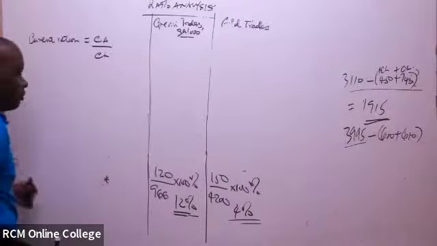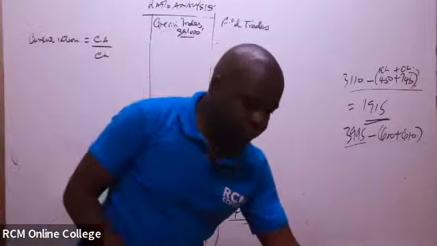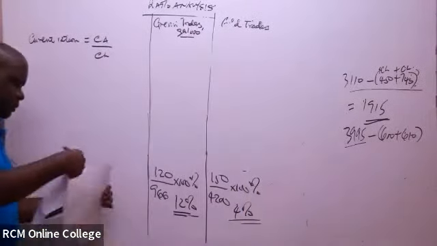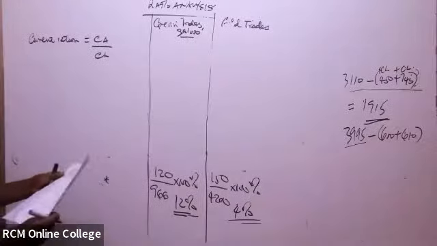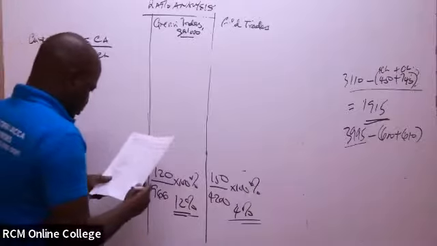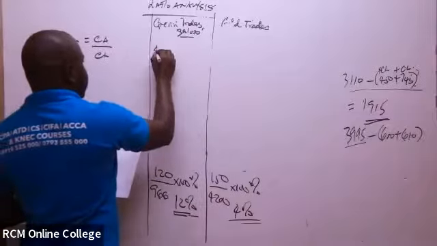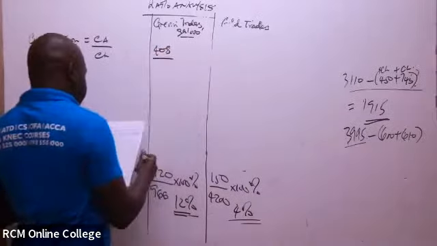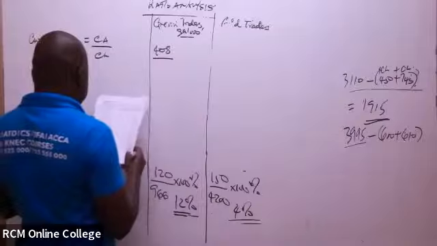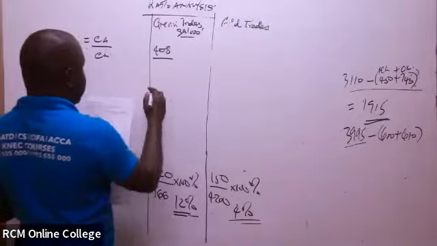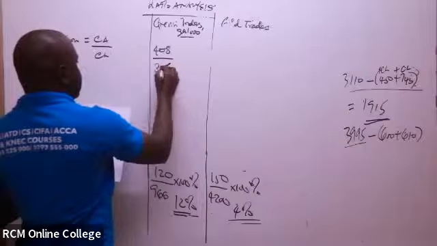So we need to identify our current assets from the statement of financial position. The current assets is actually 408. We divide by the current liabilities, which is 306.